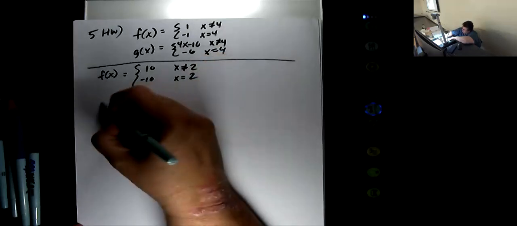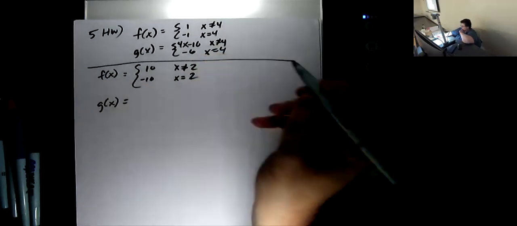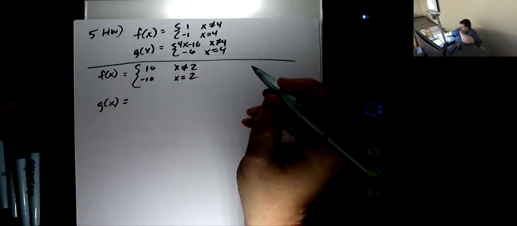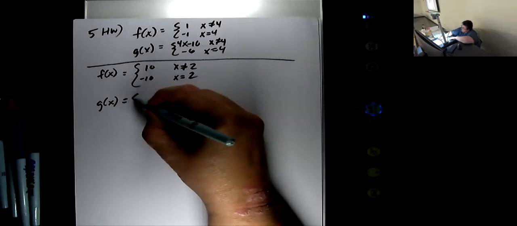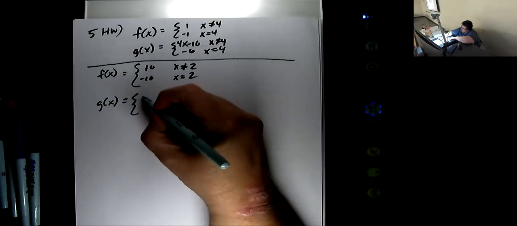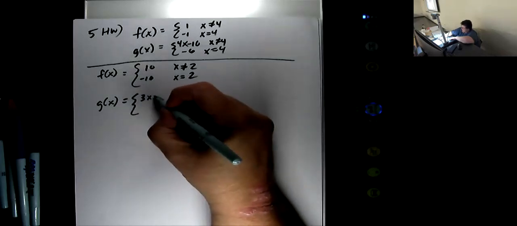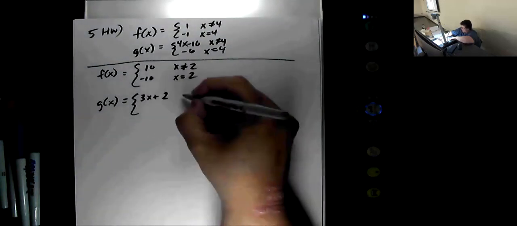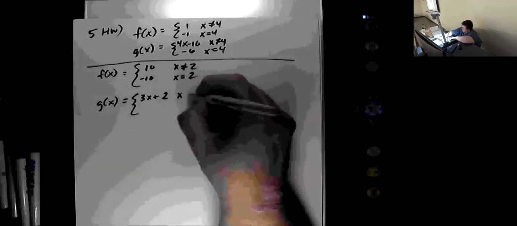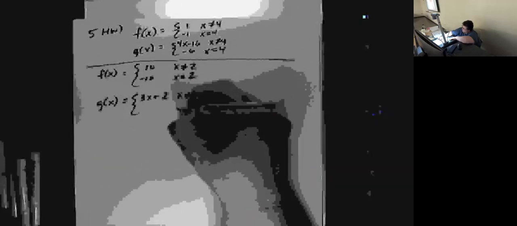And let's see, g of x is 3x plus 2 when x doesn't equal 2, and when x equals 2, we're going to have -8.